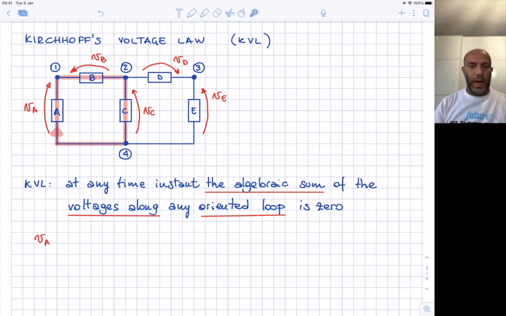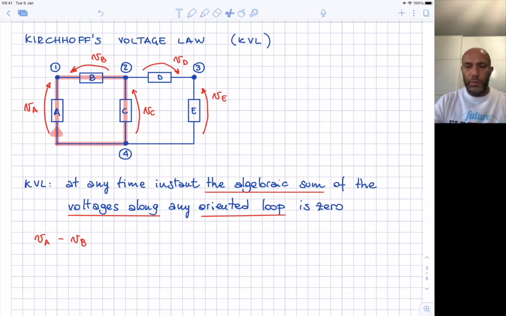Once we arrive at node 1, we can move on and go to node 2. In this case, we find the voltage VB, but VB is oriented with the opposite direction, and so VB is taken with the minus sign.